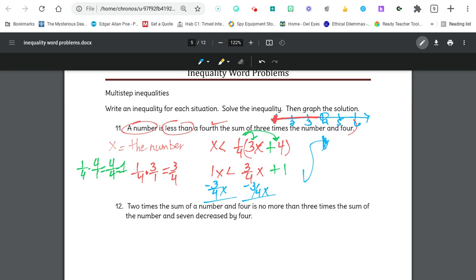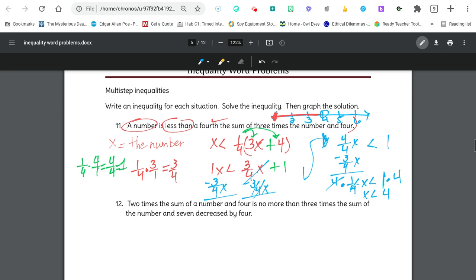So you have 1x, but I'm going to change 1 to 4/4 so it has a common denominator. 4/4 x minus 3/4 x, and these will cancel, less than 1. Well, 4/4 minus 3/4 is 1/4 x. But to get rid of a fraction when it's attached to a variable, you just multiply by the reciprocal, which is 4/1 or 4. And these will cancel, so you still get x less than 4. Any number less than 4 will be an answer to that.